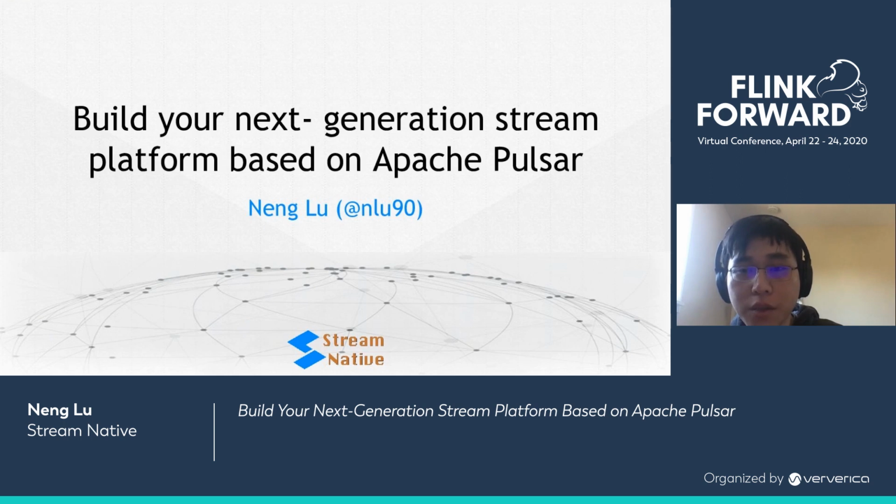Okay, the question is, can deep storage data be read from other systems other than Pulsar? I think you're asking if you can use other systems' APIs to consume data, right? I think that's possible because it's just a format of how you store the data in the system.